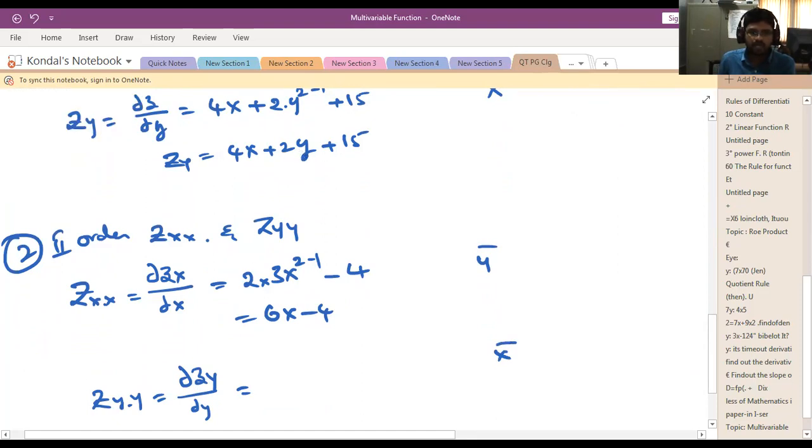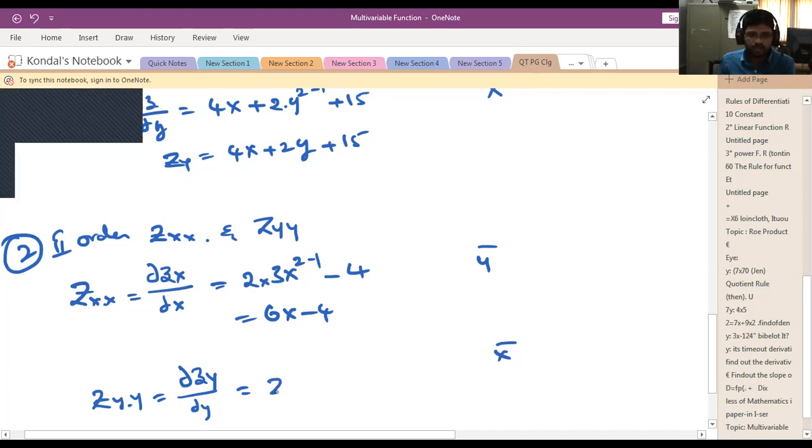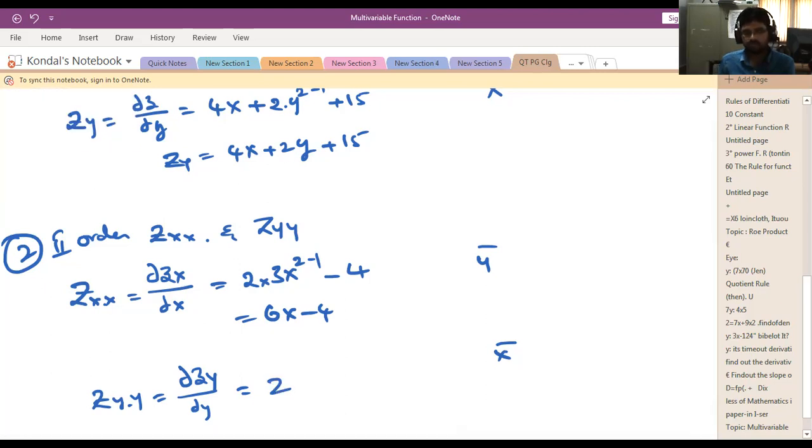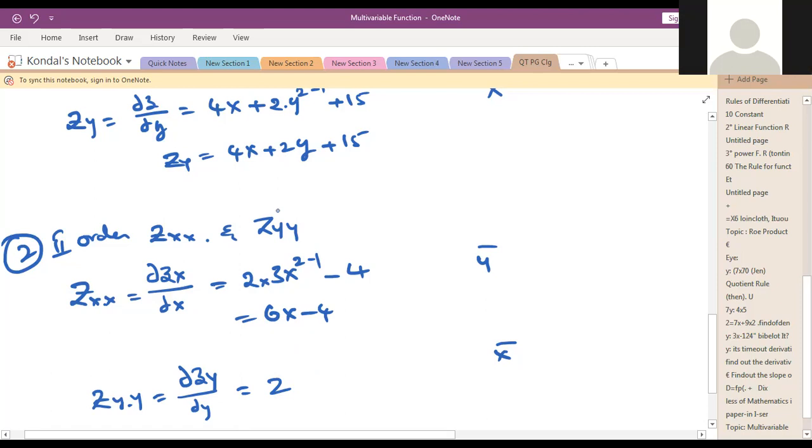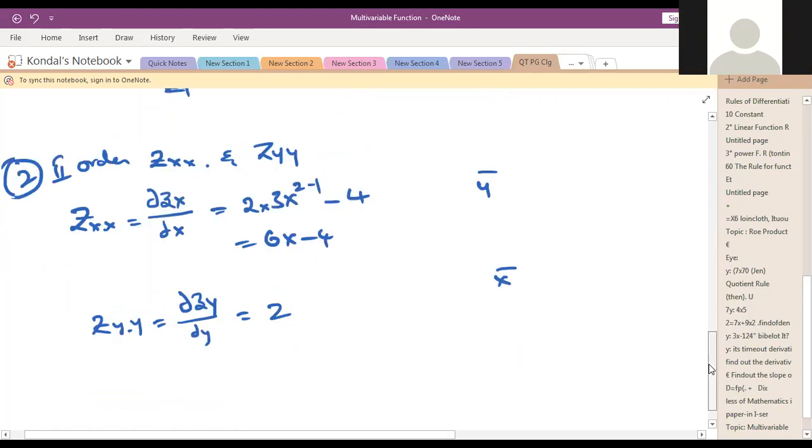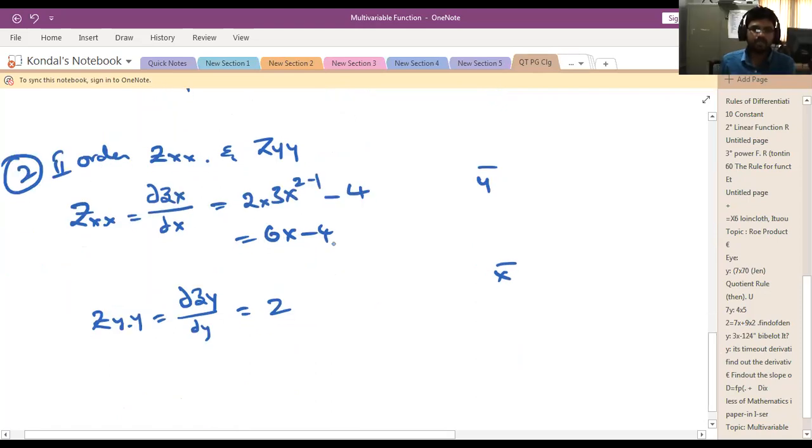Only 2y, therefore you will take only 2. Only 2y is there, so when you find the derivative, you will get only 2. So this is the second order. Anybody didn't understand second order? Let me know.